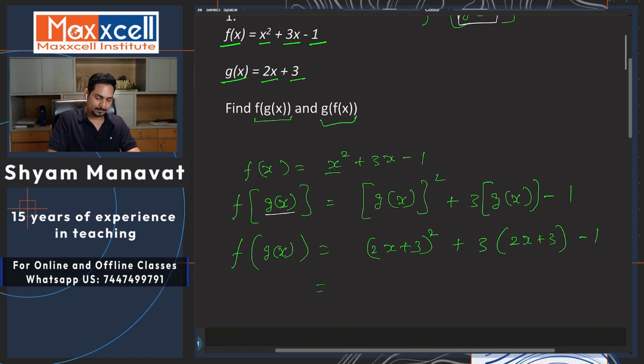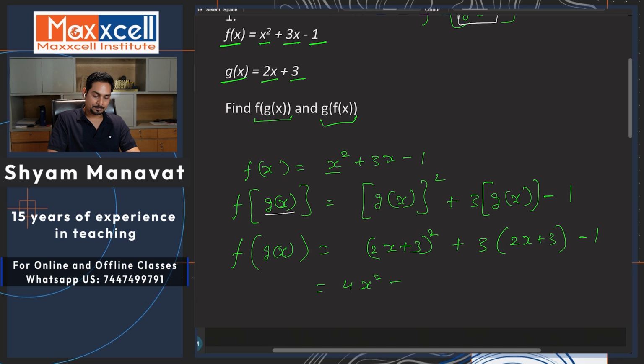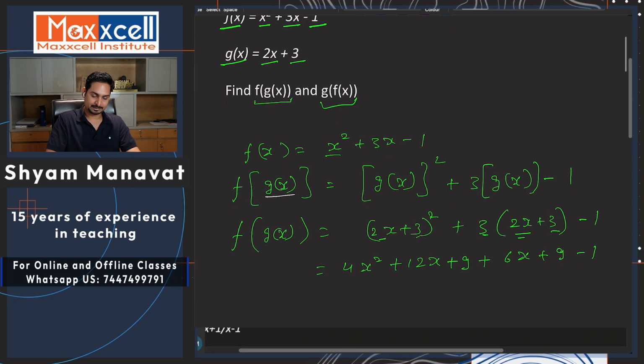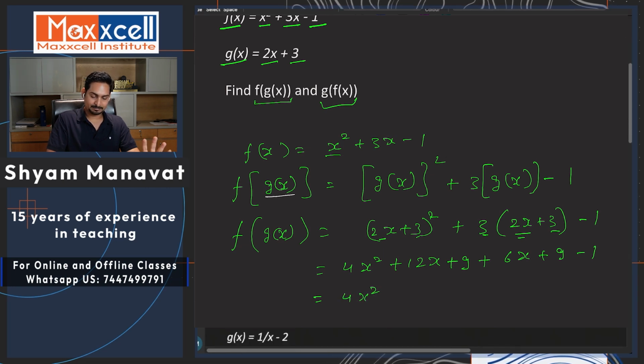चलो आगे चलते हैं. This is what, a plus b whole square का formula लगा दें. That is a square which is 2x square which is 4x square plus 2ab, 2 into 2, 4 into 3, 4 3s are 12, सिर्फ 12x आना चाहिए. आप करके देखो, 2ab करके देखो, plus 3 square which is 9, and then here we have 3 into 2x plus 3, so this becomes 6x plus 9 minus 1, right? 3 3s are 9. अभी सिर्फ simplify करना है, हो गया काम अपना.